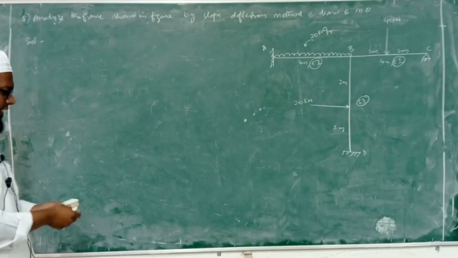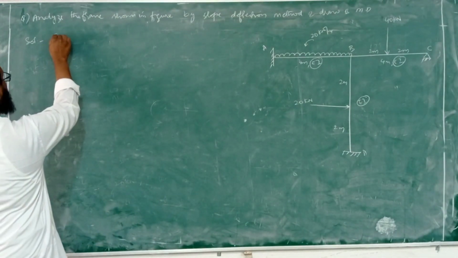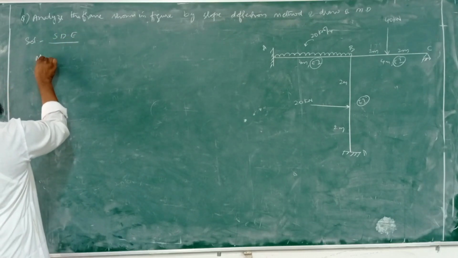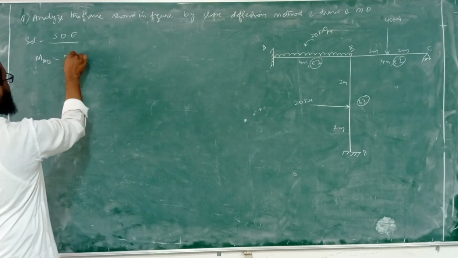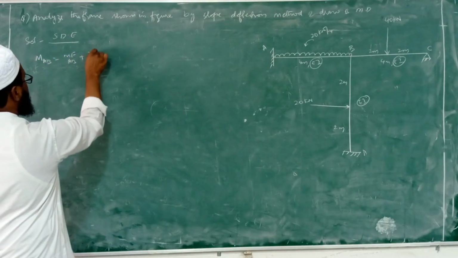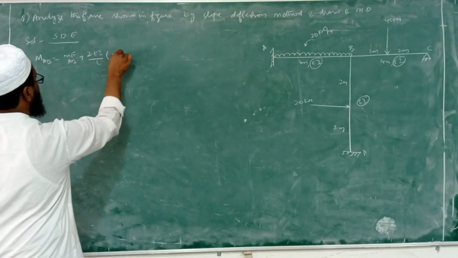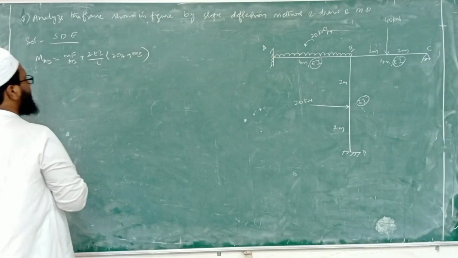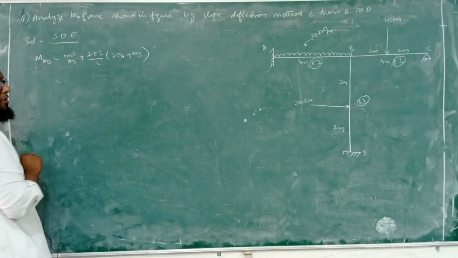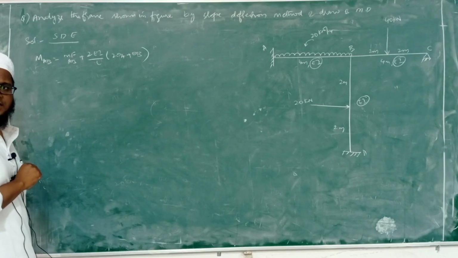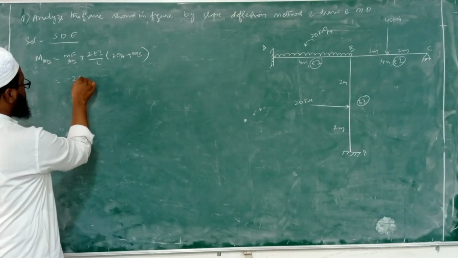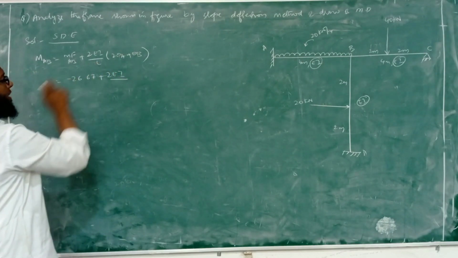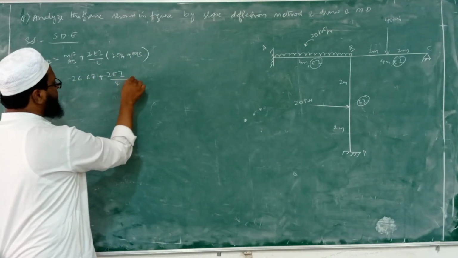Capital MAB is equal to MFAB plus 2EI by L into 2 theta A plus theta B. MFAB is minus 26.67, plus 2EI by L, and the span of AB is 4 meters.